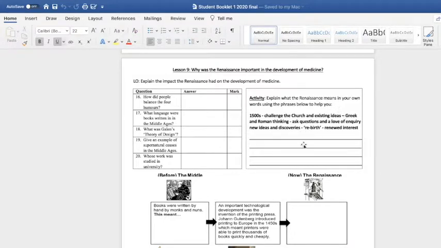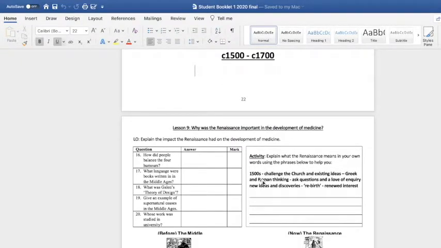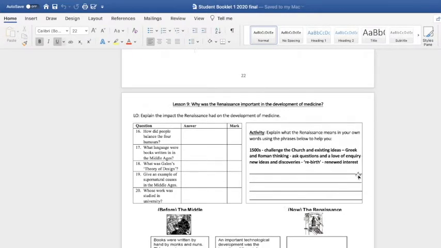You have some phrases below that can help you reword a definition. So we know the time period, so our keywords here are: 1500s, challenge the church and existing ideas, Greek and Roman thinking, ask questions and a love of inquiry, new ideas and discoveries, rebirth, and a renewed interest.